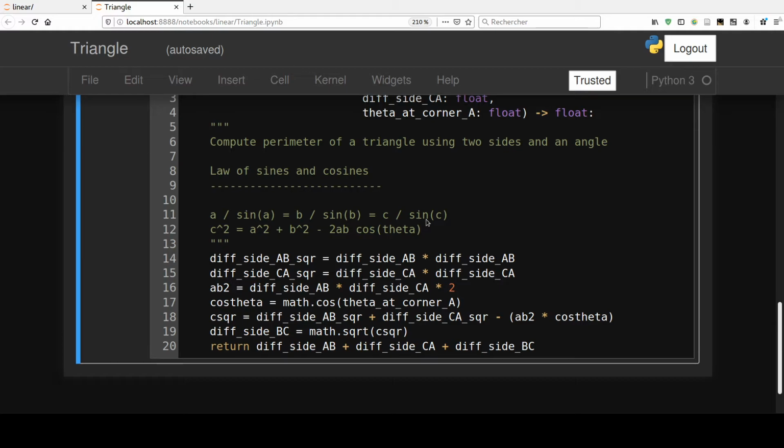The area of the triangle is a little bit more complex, but the simplest formula is the BH times 1/2.